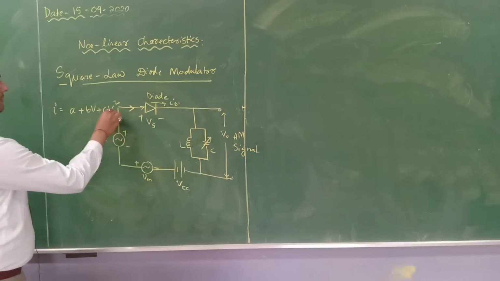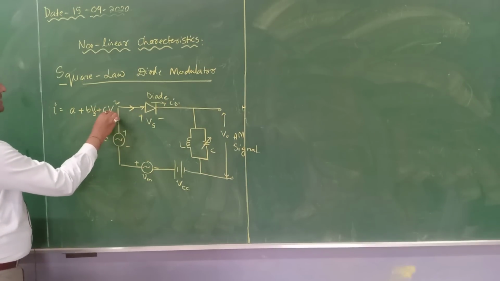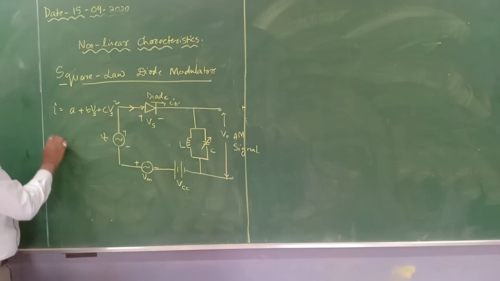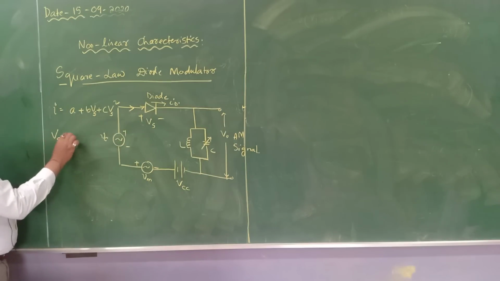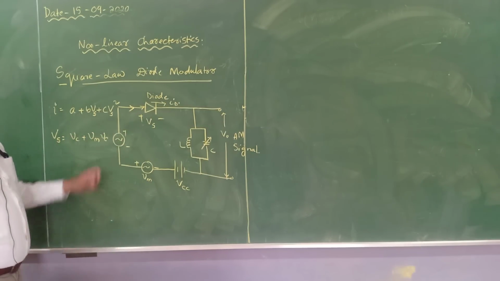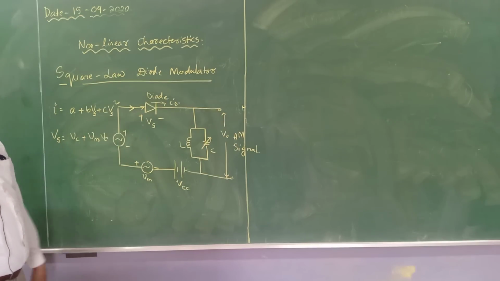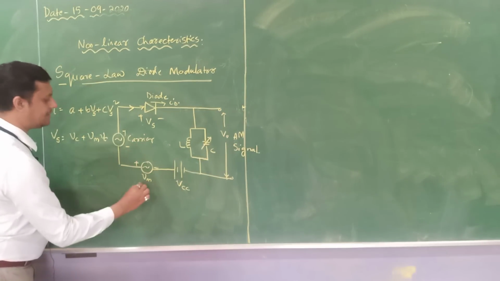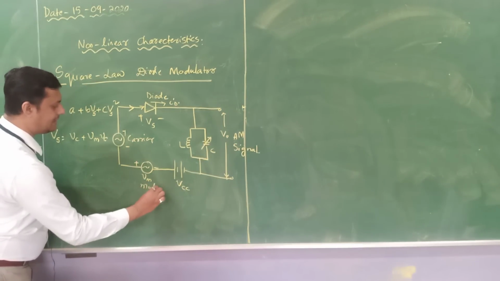Now what is this V? V is nothing but the supplied potential, Vs. Now what is this Vs? Vs is Vc plus Vm, meaning carrier plus modulating signal. This is my carrier and this is my modulating signal.